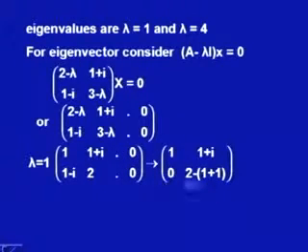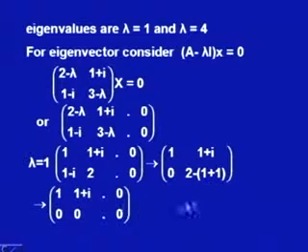So, we transform this matrix to this matrix, and from here one can notice that this matrix has one row completely 0.